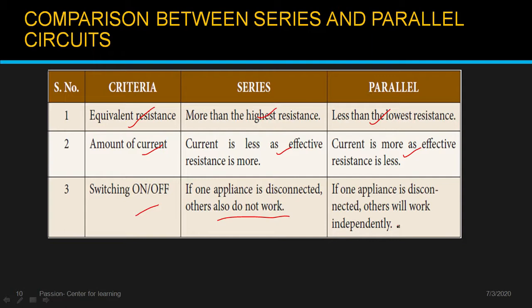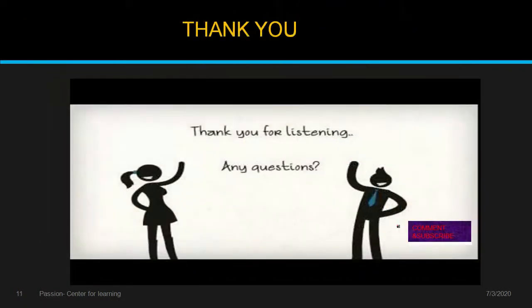If any one LED is not working, the entire LED series won't work. Okay. Suppose there is any problem in your home, like the TV is not working, others will work. Only that point of connection will not work. So that is the difference between series and parallel circuits. Okay. Thank you.